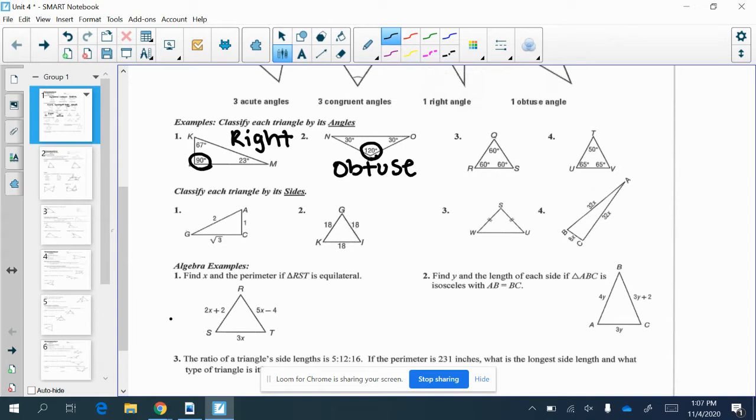They are all the same, so that means it's going to be an equiangular triangle. Equa means the same or equal, and then angular. And here, 50, 65, and 65, they are all below 90 degrees, so that is going to be an acute triangle.